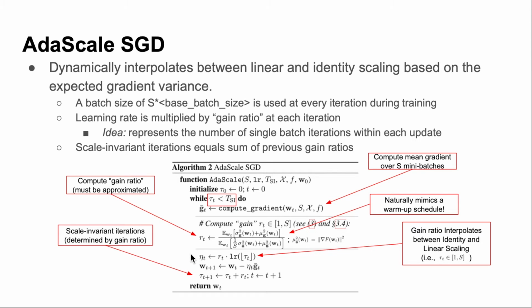So we're scaling our learning rate based on the gain ratio, or based on the variance that we're seeing in our gradient during training. And then we apply our update for our average gradient using this new scaled learning rate with the gain ratio. And then again, we keep track of the scale invariant iterations that we're performing so that we know when to stop training.